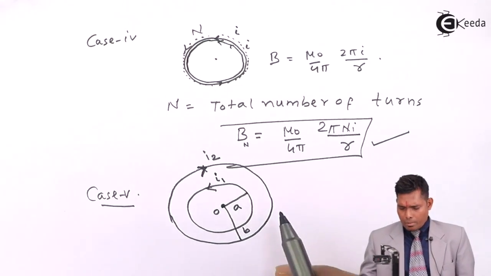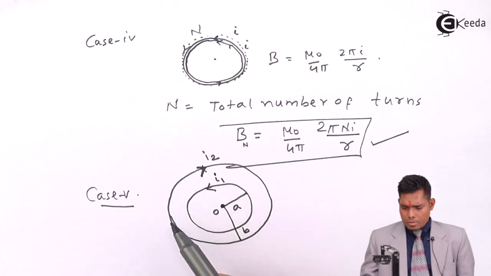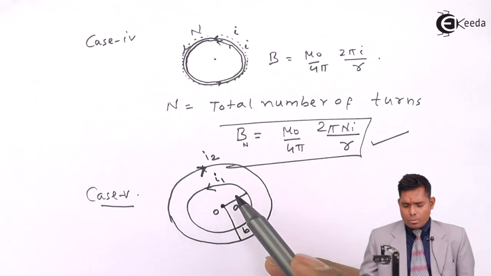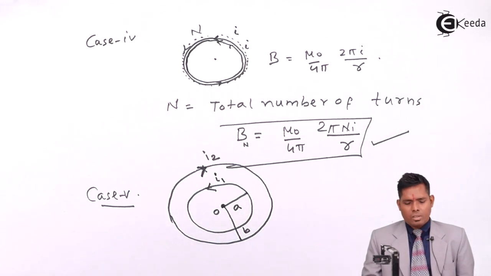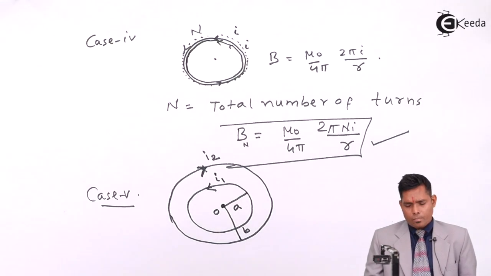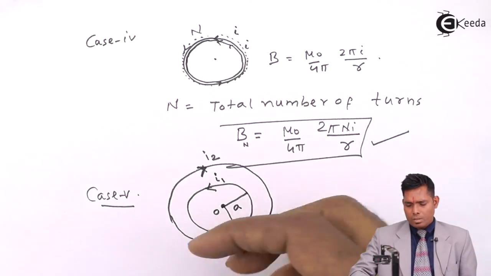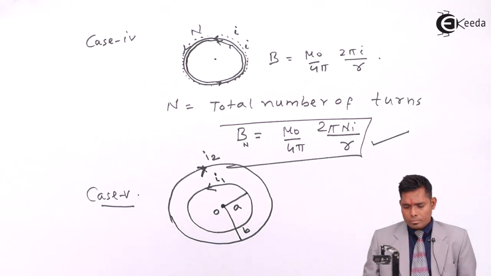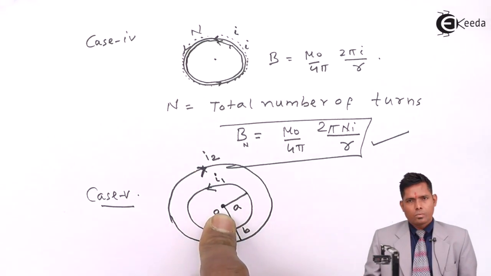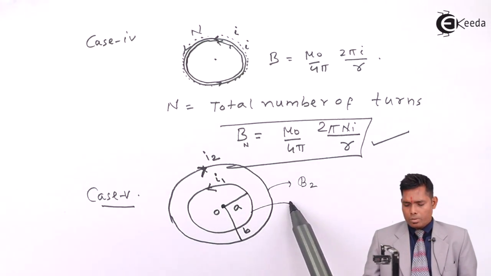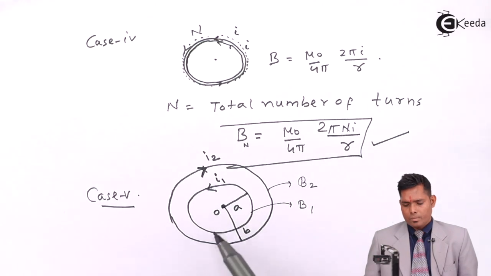So in that case, you write the contribution by this and then by this. You can take any sense as positive and the other sense as negative. I'll consider clockwise as positive and anti-clockwise as negative. So this minus this. The contribution from this coil is say B2, and the contribution by this coil at the center is say B1.